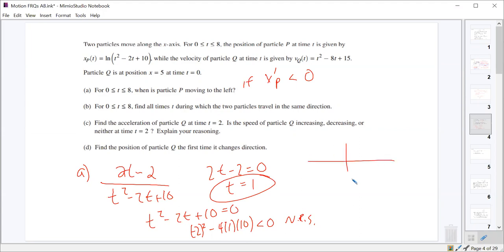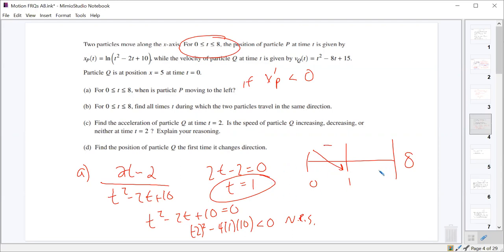So then we'll put t equals 1 on here. We'll put 0 and 8 just to make sure we don't plug any values outside of our interval of time. If you plug in something between 0 and 1 to your derivative, the denominator is going to be positive and the numerator is going to be negative, so it's moving to the left, or the value of the position is decreasing.